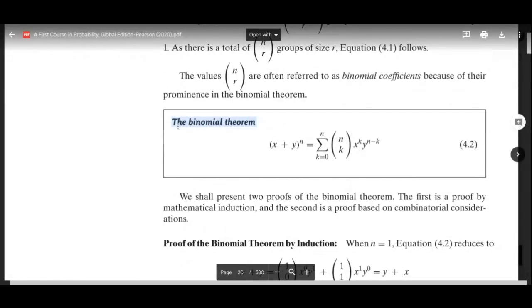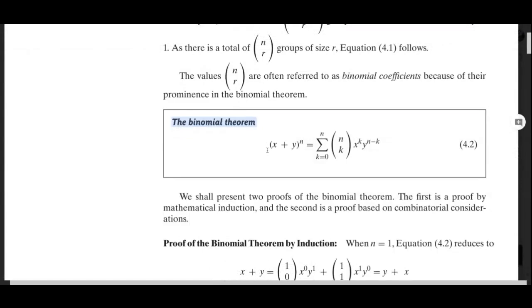The binomial theorem we have learned already, right, in pre-calculus class. So x plus y, binomial raised to the nth power, we have n plus 1 terms. So k starts from 0 to n, that's n plus 1 terms.